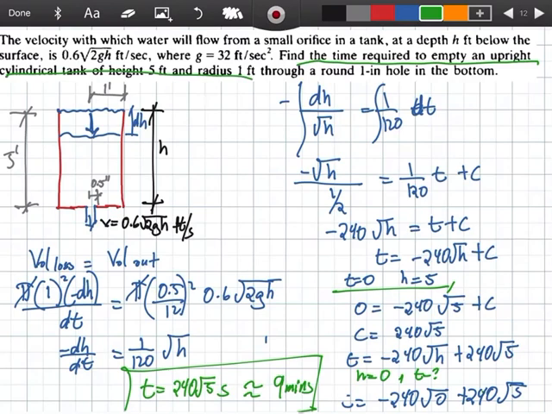So, yun lang, class. Kaya natin siyang isolve, di ba? Kung anong time mauubos yung laman ng tank. Anong kailangan natin? Dimensions of the tank, dimensions of the orifice, and the initial volume of the tank. So, yun lang. And then, makukuha natin that the time required to empty a tank is 9 minutes. So, that's our last example for the applications of indefinite integrals.